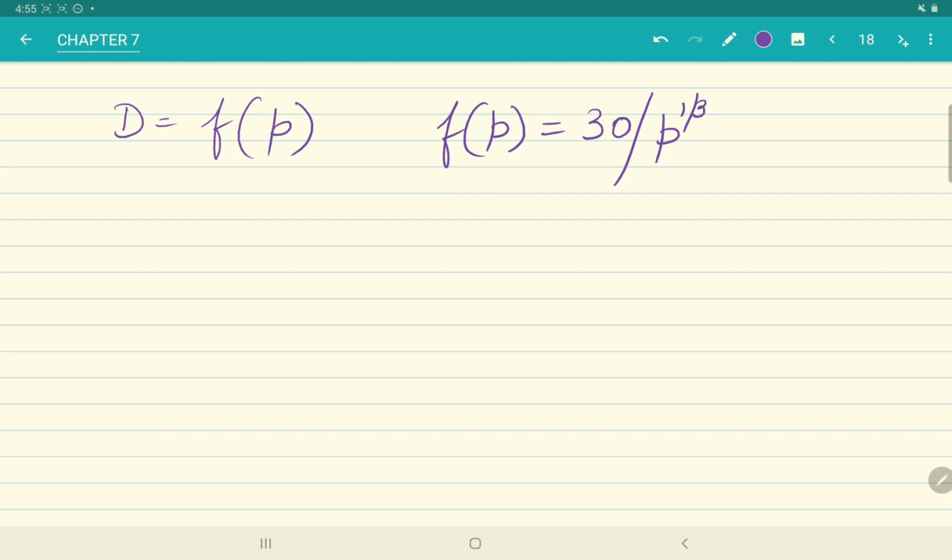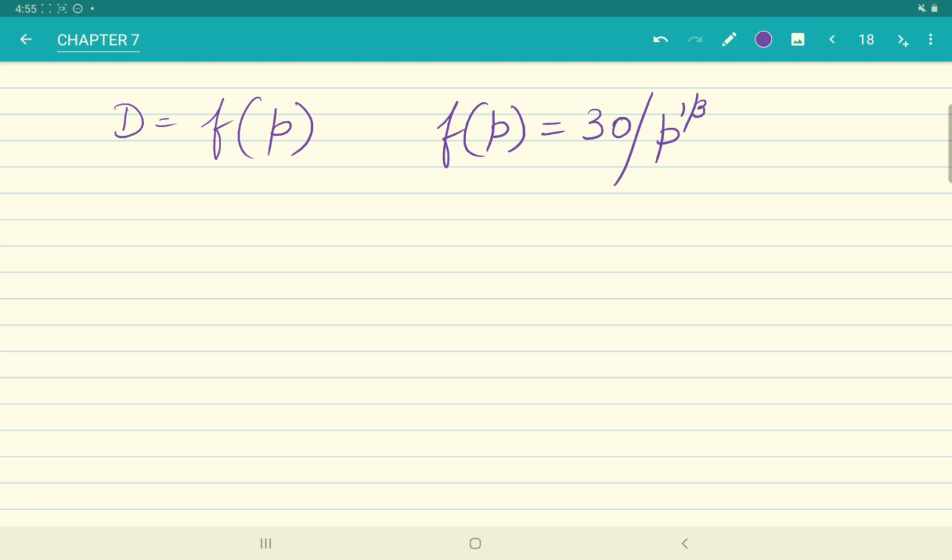But the problem here is that if I look at this whole thing from the firm's point of view, it may be more natural to treat output as something that the firm can choose, and then we consider the resulting price. What does that mean?